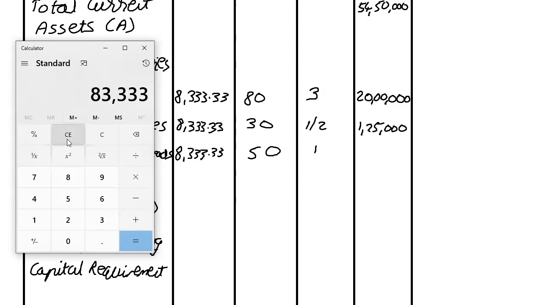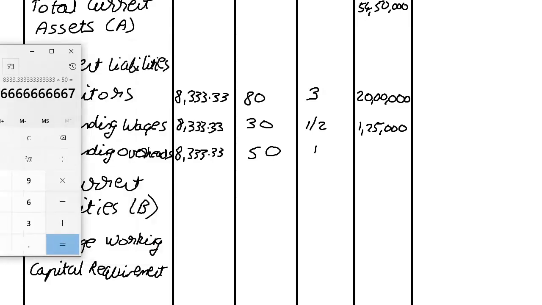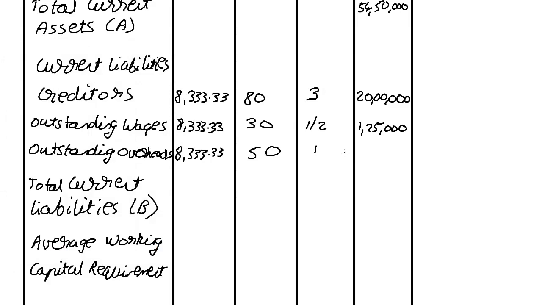8,330. Okay, 3.333333. Otherwise, again, I'm saying just do 1 lakh upon 12. Gives you this into 50. Okay, looks like we could not escape the decimal. 4,16,666.67. No problem.